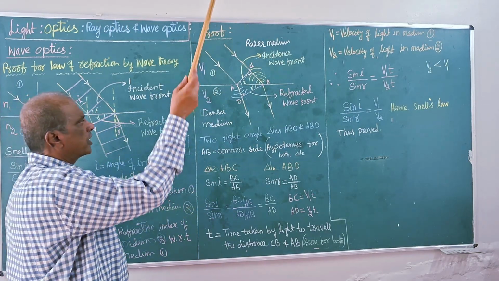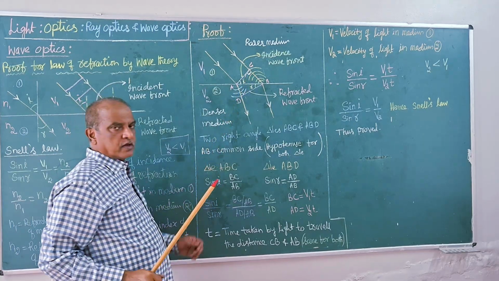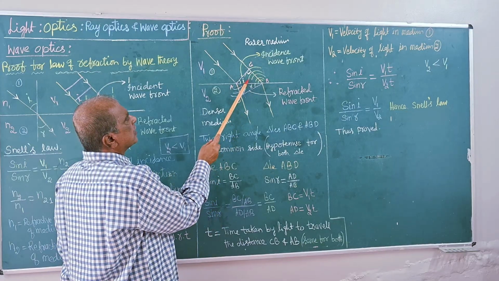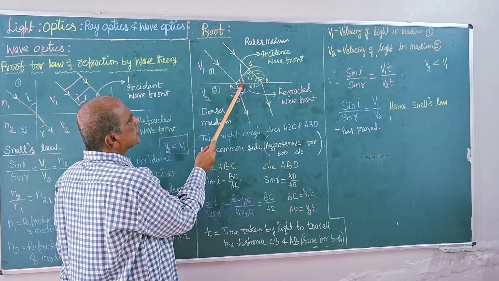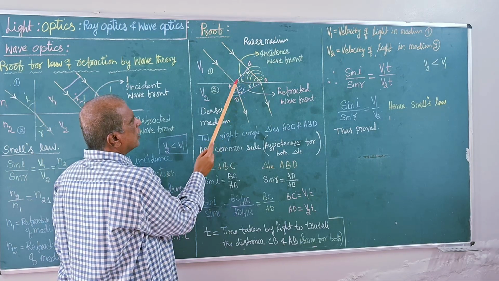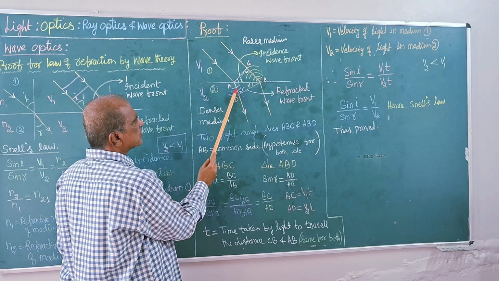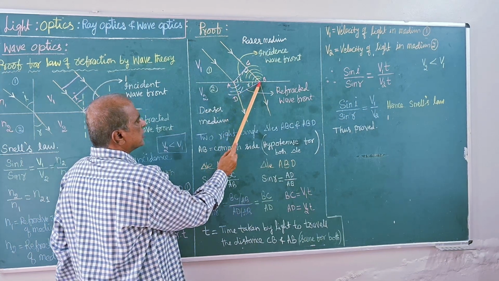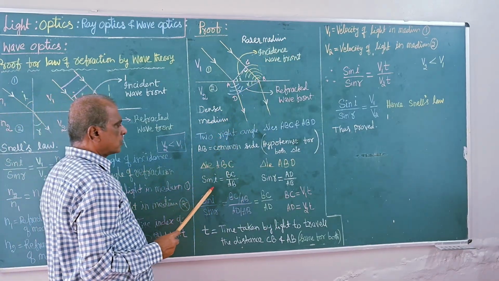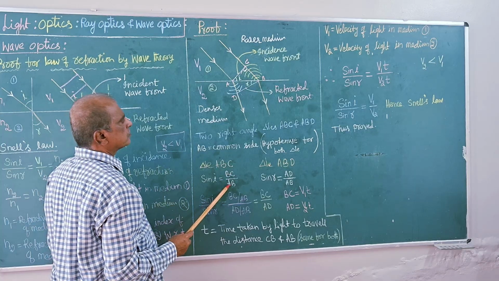Now consider these two triangles for proving Snell's law. In this triangle, let us apply sine of this angle. For this angle, the opposite side is this, the hypotenuse is this. For this angle, the opposite side is this, the hypotenuse is this. Apply sine i: sin i equals BC by AB, opposite by hypotenuse.